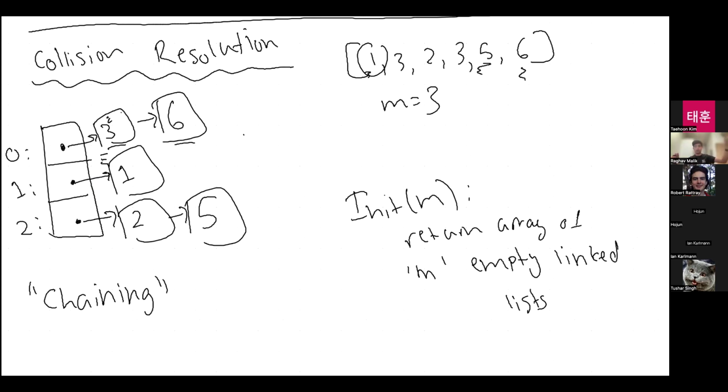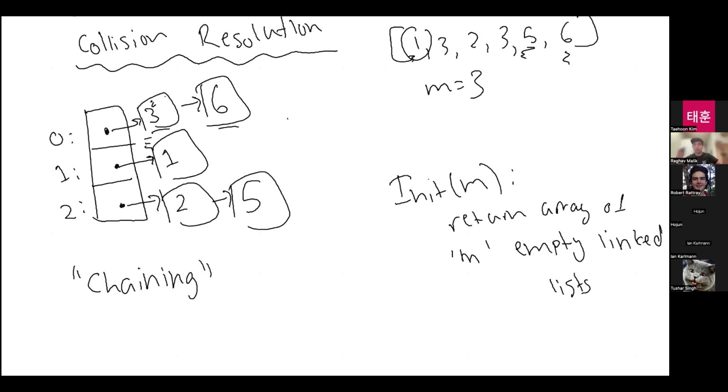So now even our empty hash table contains something, but the thing it contains is an empty linked list, right?